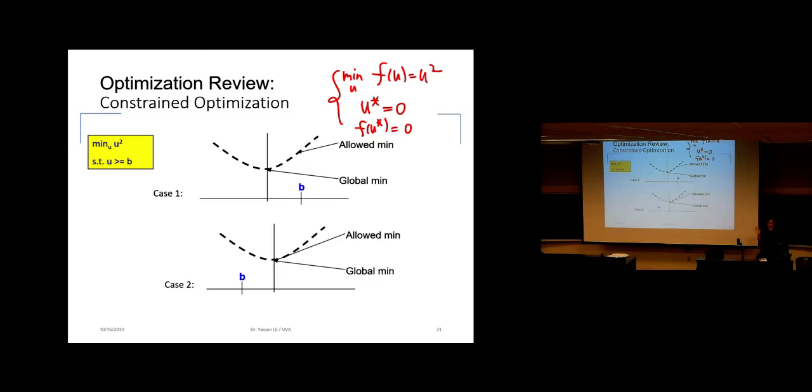However, if I require u to be larger than or equal to b, what do I mean here? It means I actually cannot go to the right side of b at all. The only choices I can select are from the region larger than b.